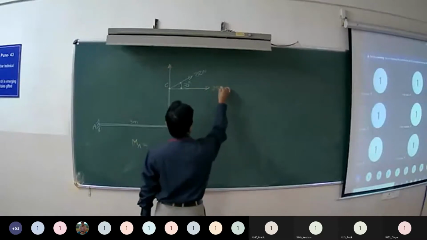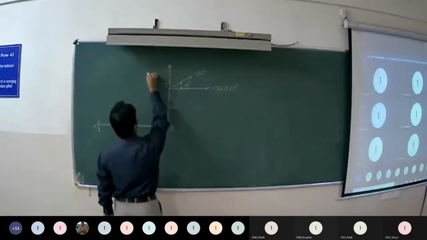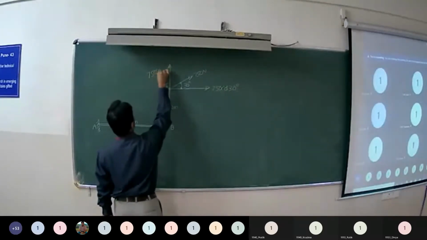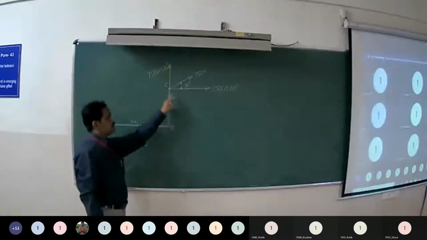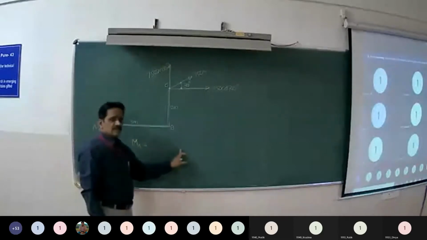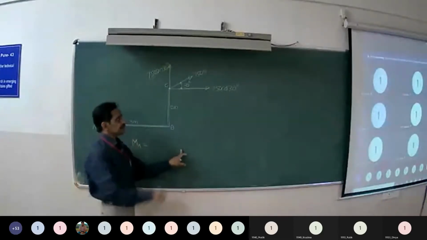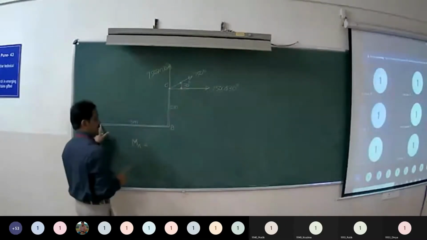Horizontal component is 750 cos 30, vertical component 750 sin 30. In order to find out the moment of 750 about point A, I am using Varignon's theorem by adding the moments of these two components about point A.